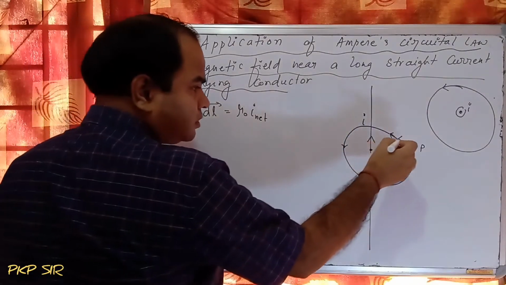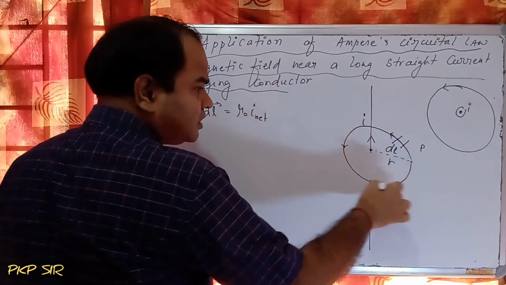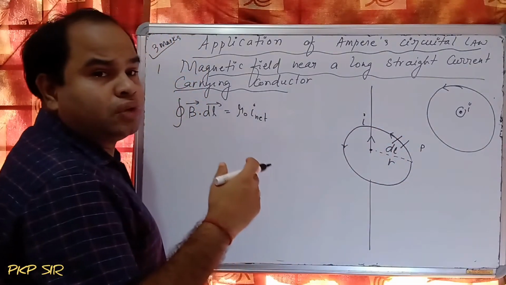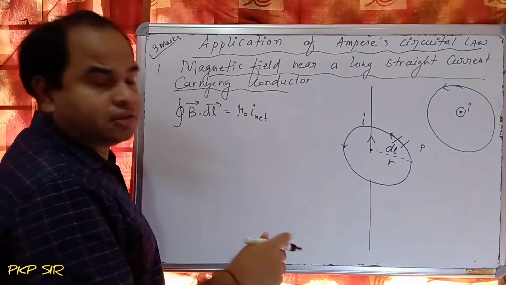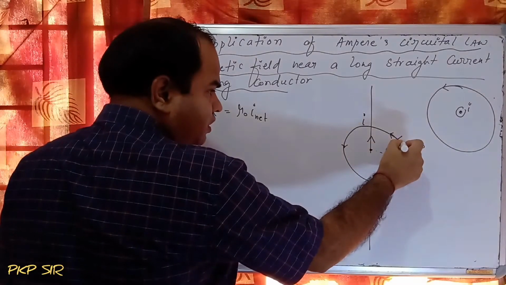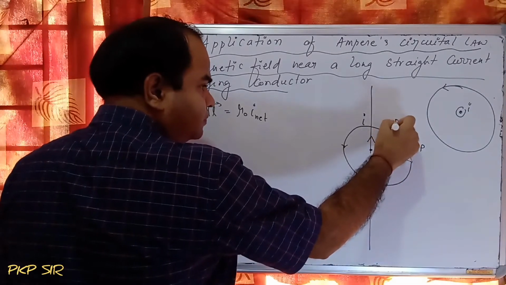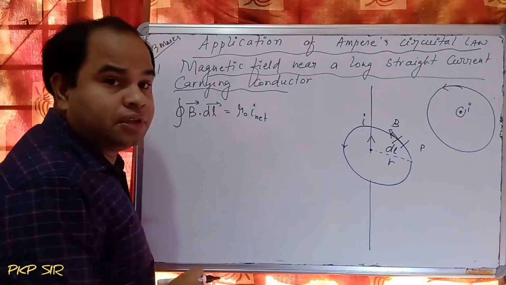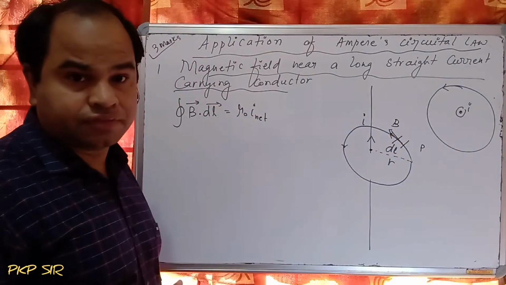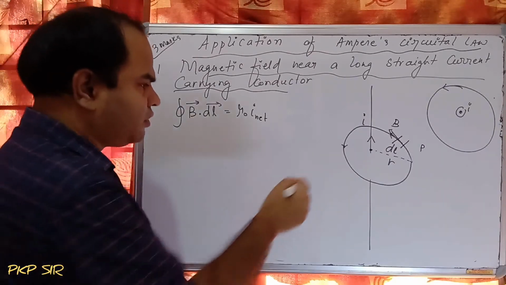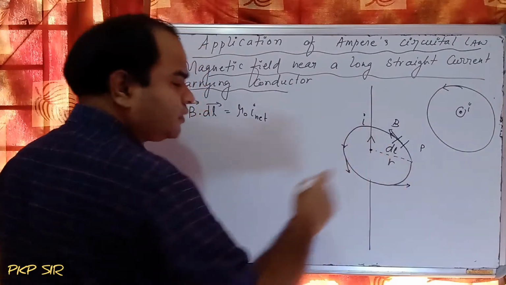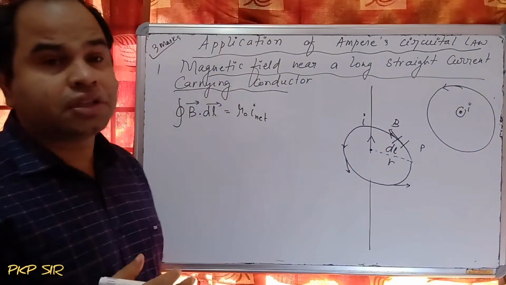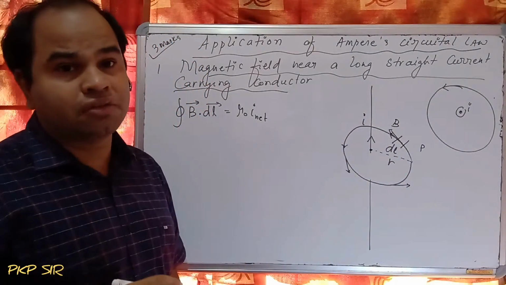So at every point of the circle the magnetic field is along the tangent. So dl and B will have the same direction, and the strength of magnetic field at every point of the circle will be constant.